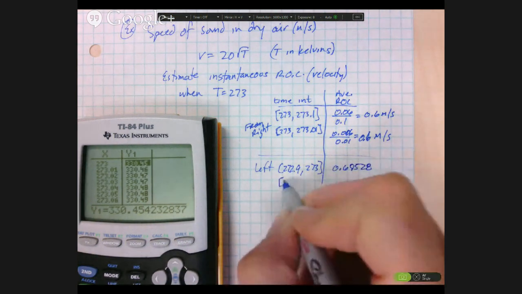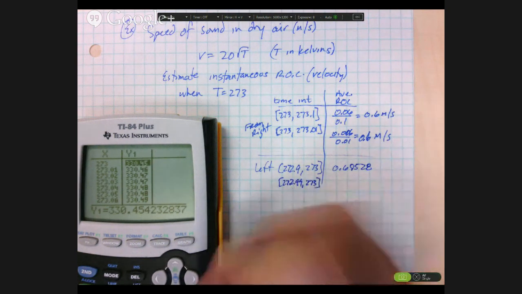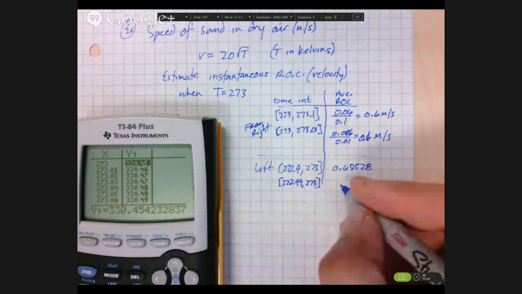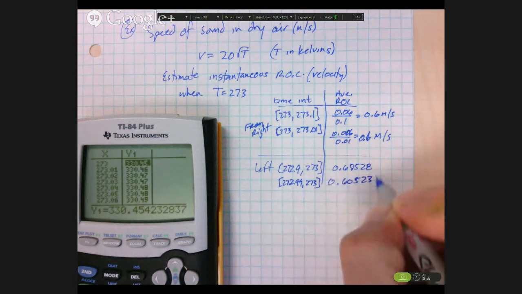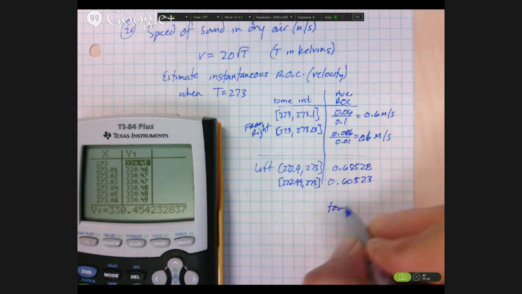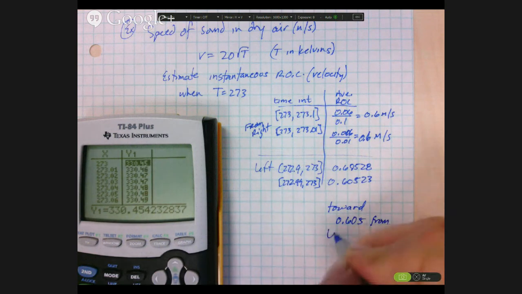If you do 272.99 to 273, so you're approaching from the left, you get 0.60523. See how they're trending smaller? So we're going toward 0.605 from the left and the right.